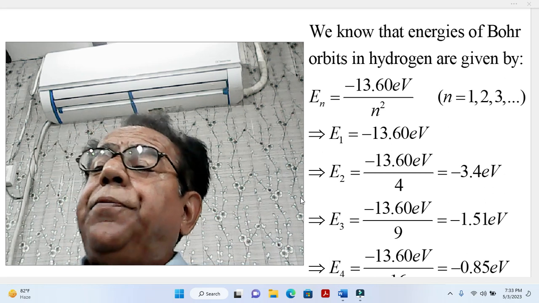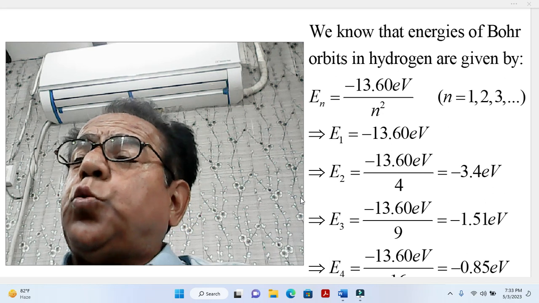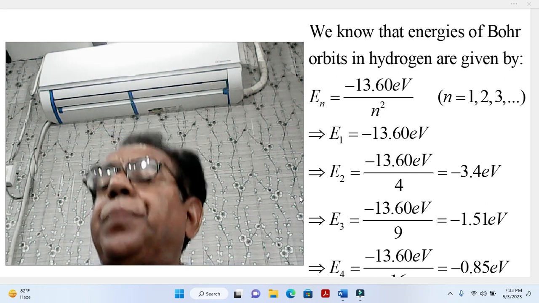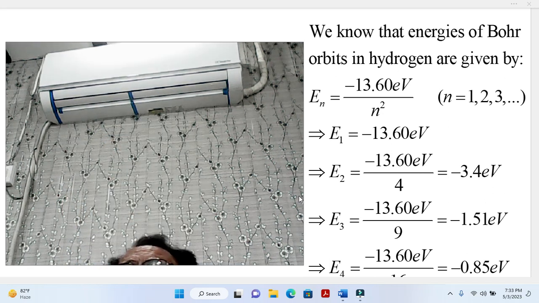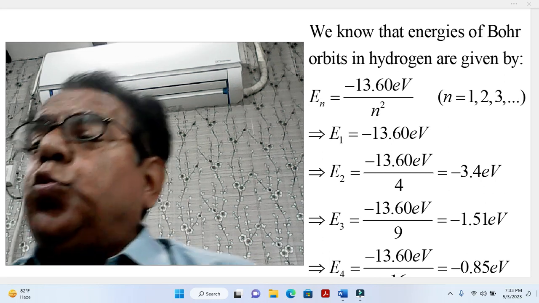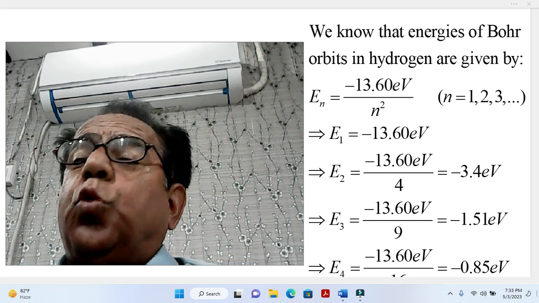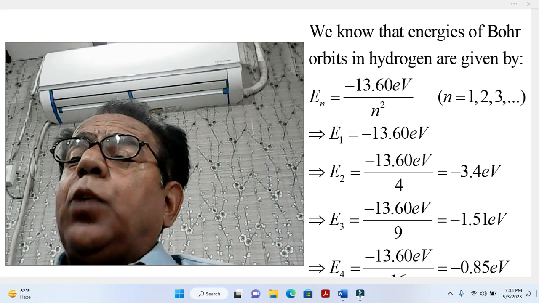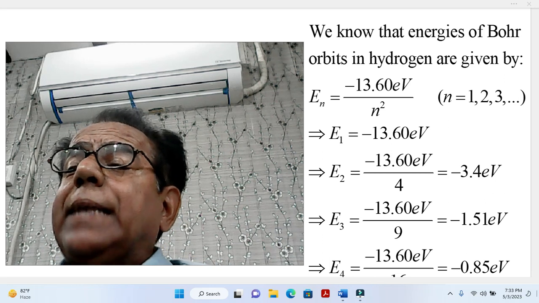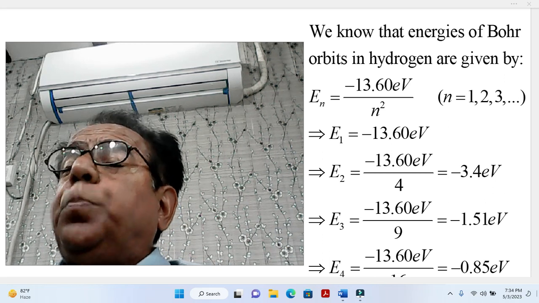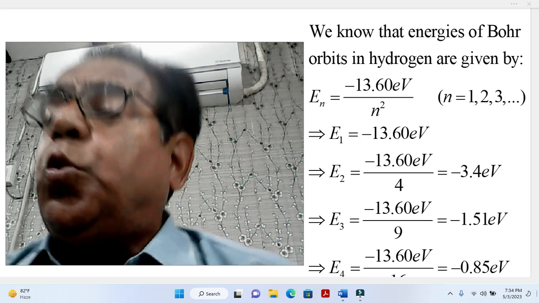But when we put n equal to 2, then the result of E1 has to be divided by 4, because the square of 2 is 4, and hence E2 becomes 1/4 of E1.